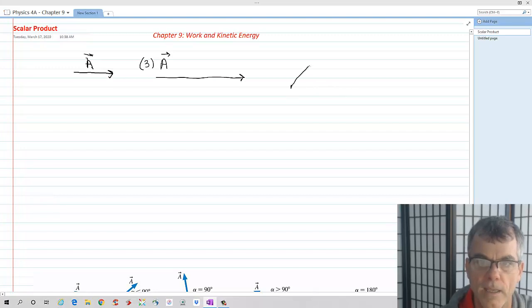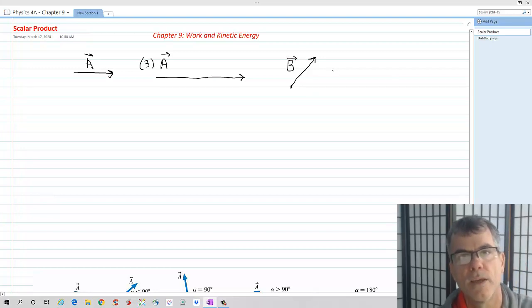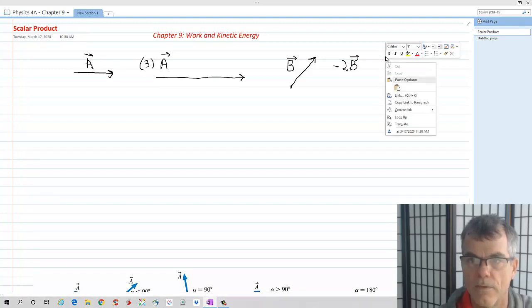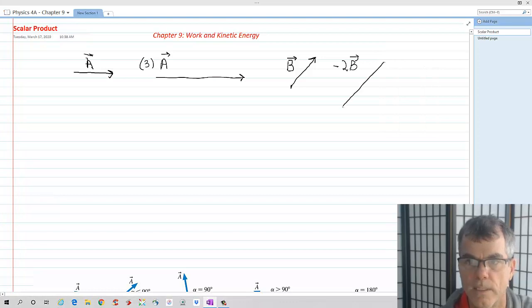If I had, let's say, vector B, again, this could be a force vector, it could be a displacement, something like that. But let's say I multiplied vector B by a scalar which was negative, like -2 times vector B. Again, this is going to double the length of it, but since it's negative, it's going to be a vector in the opposite direction.